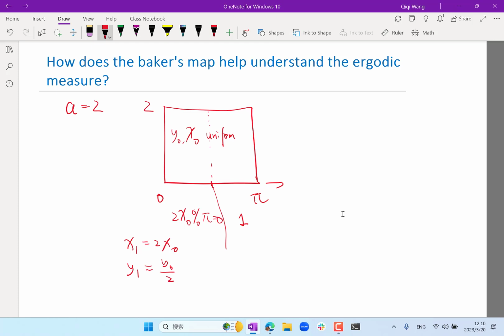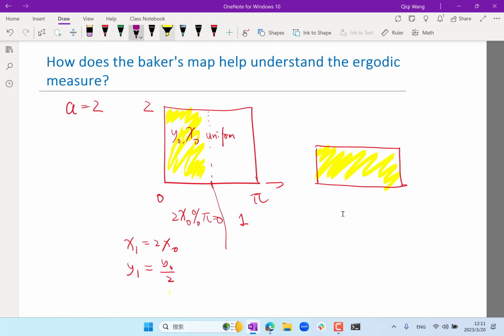So essentially, we are mapping the first part, let me shade it in yellow, into this. We are expanding the x-axis by a factor of 2 and shrinking the y-axis by a factor of 2, right? So it maps the left half of the plane into the lower half of the same plane.